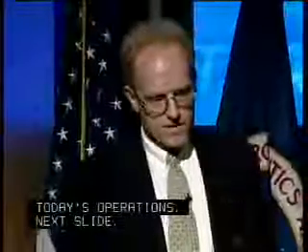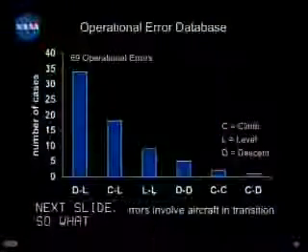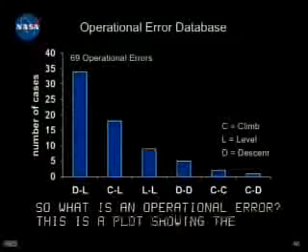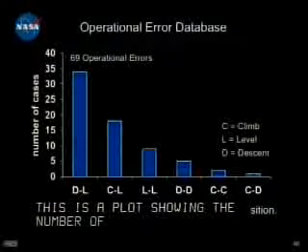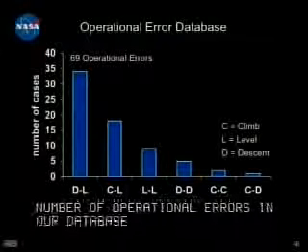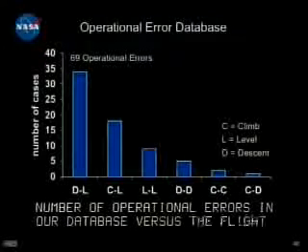So what's an operational error? This is a plot showing the number of operational errors in our database versus the flight phase of the aircraft. First of all, let me say what an operational error is.